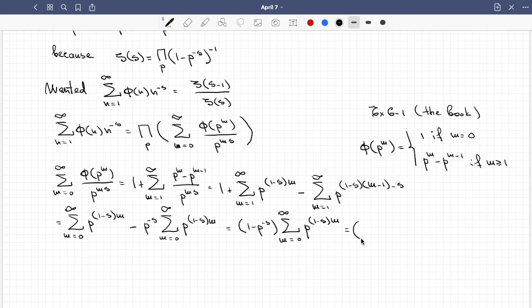So we have 1 minus p to the minus s, and the sum of the geometric series becomes 1 over 1 minus p to the 1 minus s. What we got is 1 minus p to the 1 minus s, to the power negative 1.